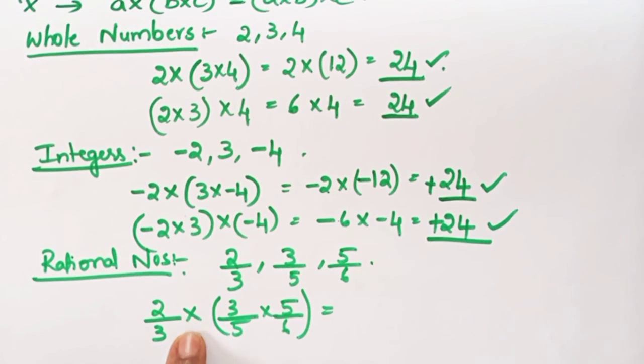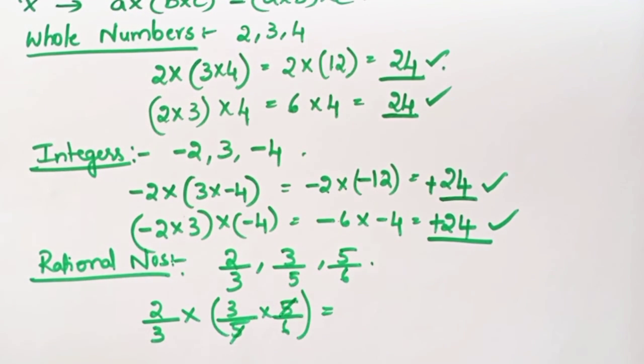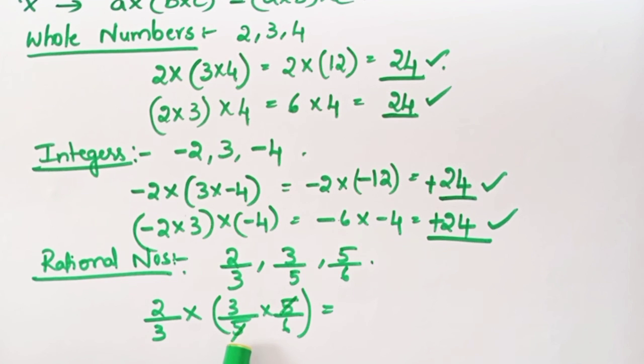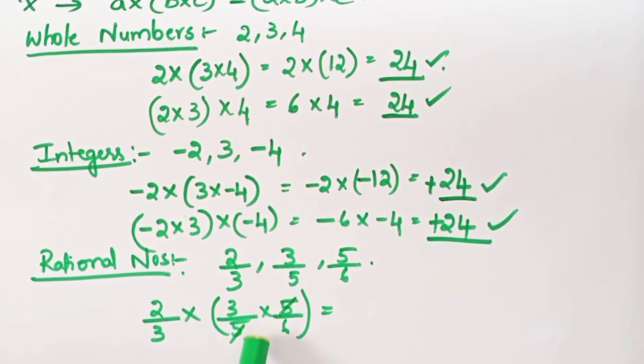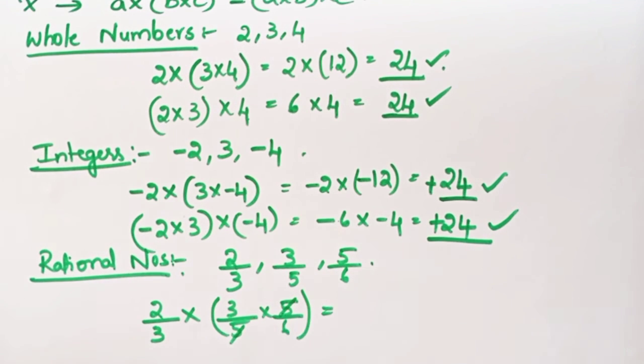See this, A into B into C. Okay, here 5 and 5 gets cancelled because one is in numerator, the other one is in denominator. Be careful while cancelling. You can't cancel two numerators, you can neither cancel two denominators also. If one is in numerator, the other one is in the denominator, then only it gets cancelled.